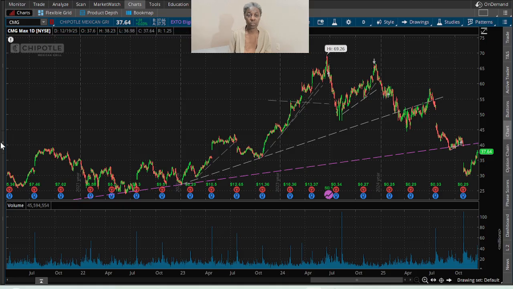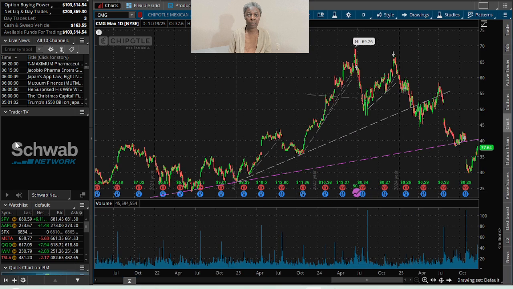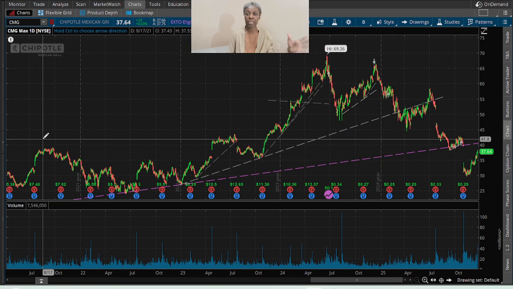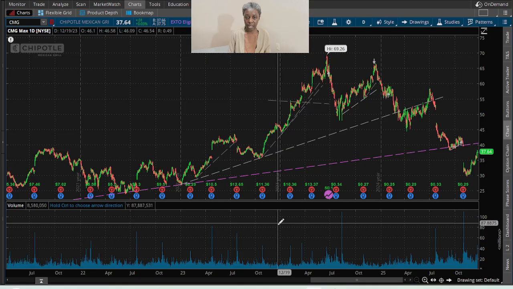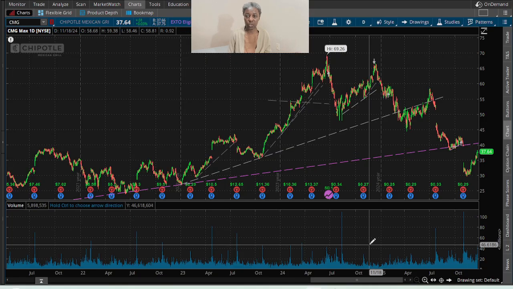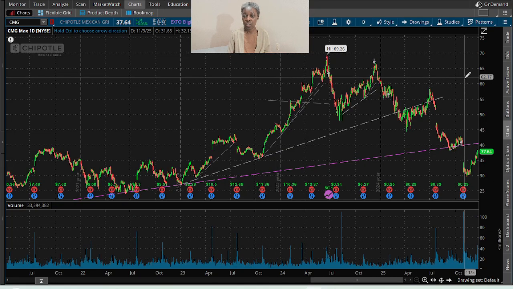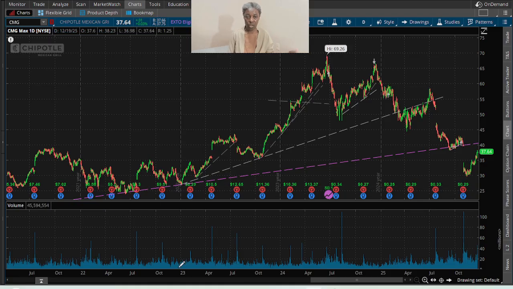So I move them to the side so that I have the chart occupying the whole screen. And if there is a way I can take this volume out of here, I will take it out as well, so that I can have a bigger, wider space for just the chart that I'm using.